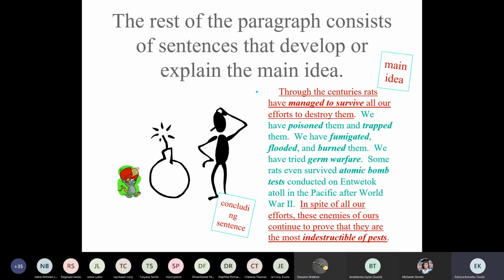Let's look at this example here and tell me if you can identify the parts of this paragraph. Through the centuries, rats have managed to survive all our efforts to destroy them. We have poisoned them and trapped them. We have fumigated, flooded, and burned them.